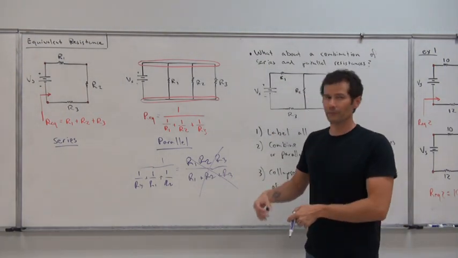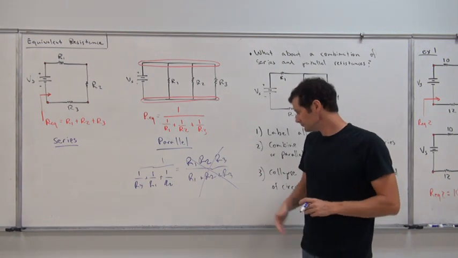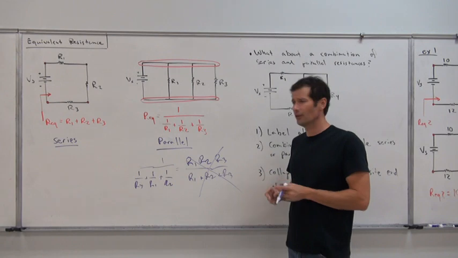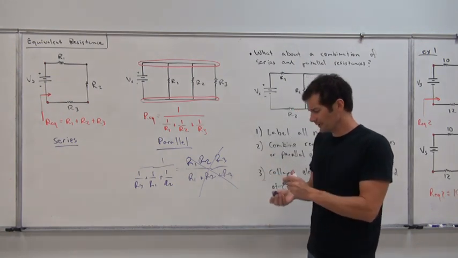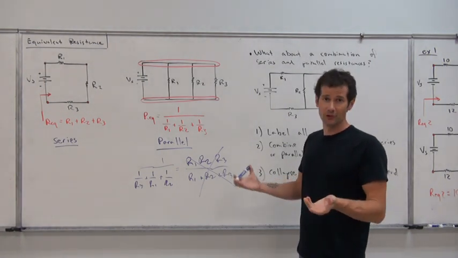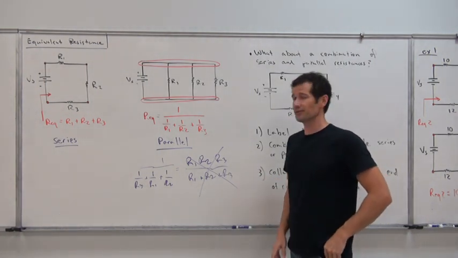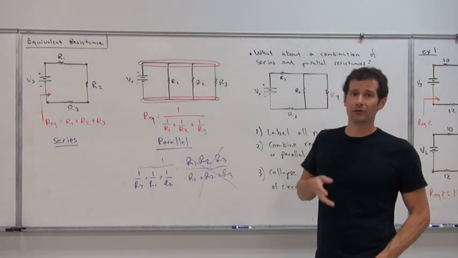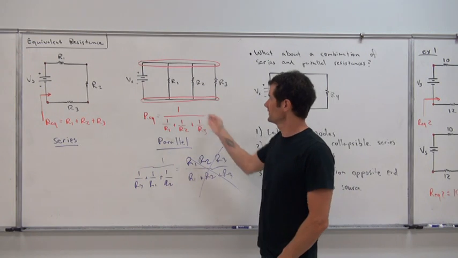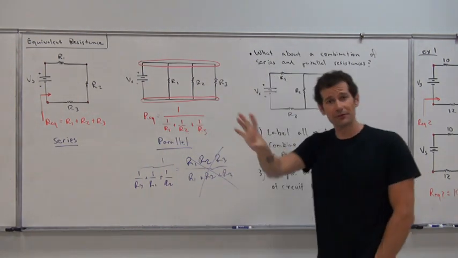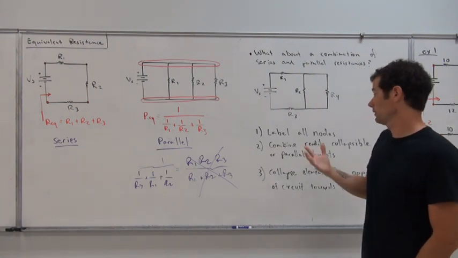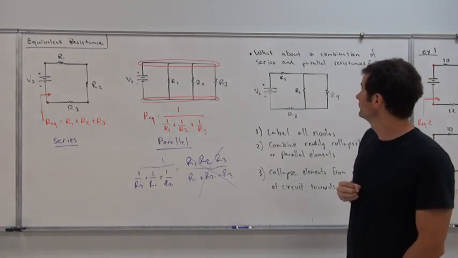So instead of doing the traditional version for two elements in parallel, R1 times R2 over R1 plus R2, I just say keep one equation in your head or on your paper. There's no reason to remember two equations that may or may not actually perform the same exact type of function. So just remember 1 over the summation of the reciprocals of those resistance values. And we can just call it good from there. I like having one equation versus two.